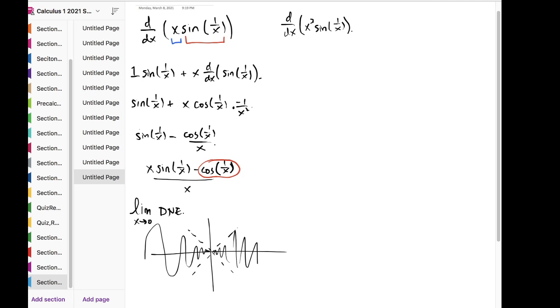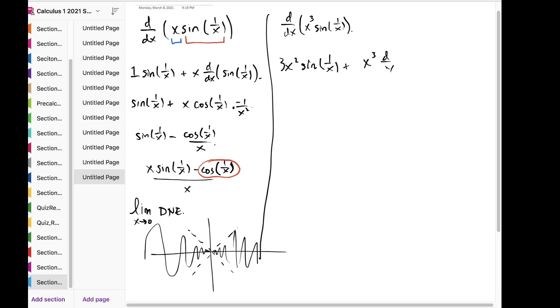However, let's do this one, x cubed sine of 1 over x. It's very similar. So it's going to be 3x squared sine of 1 over x plus x squared, the derivative of sine of 1 over x.